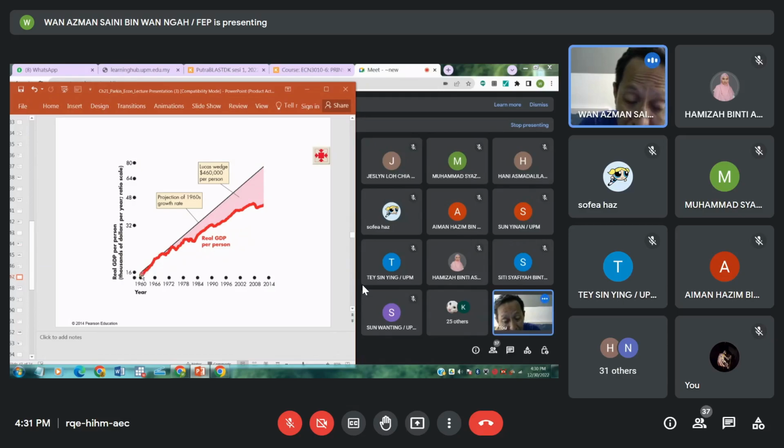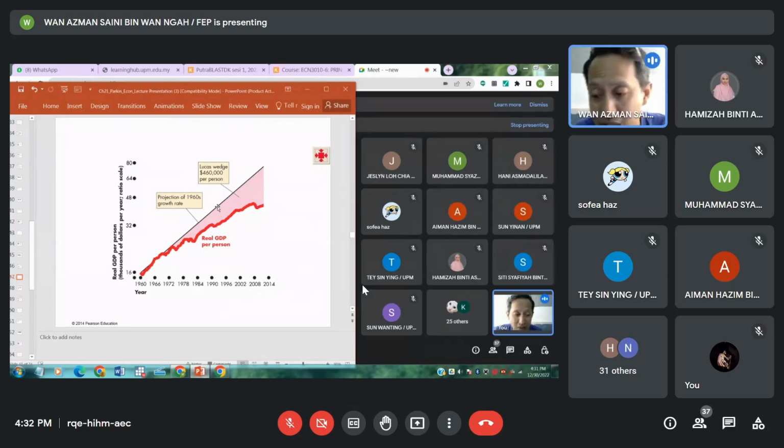So the Lucas wedge is something like this. If you take the growth rates that we had in the 70s or in the 60s and try to project GDP per capita by using the growth rate that we had in the 60s, this is going to be the line. This should be the GDP per capita if we are able to maintain the productivity that we had in the 60s.